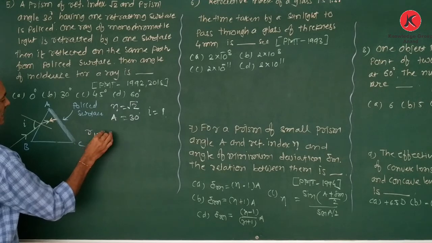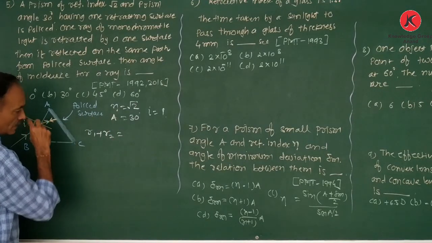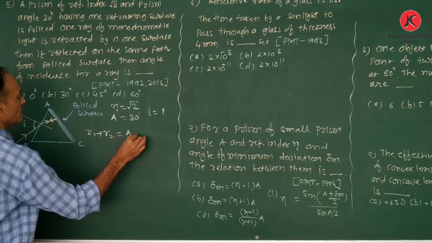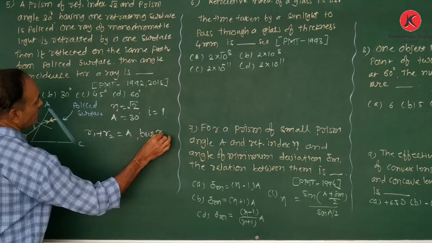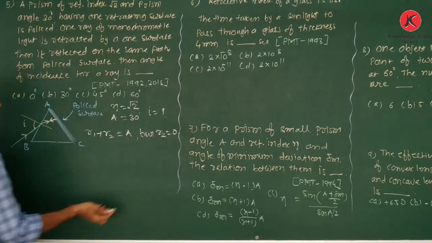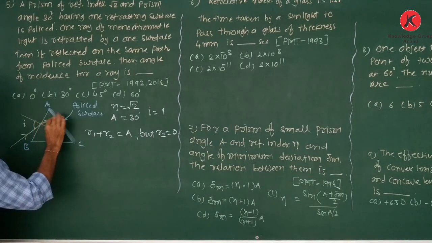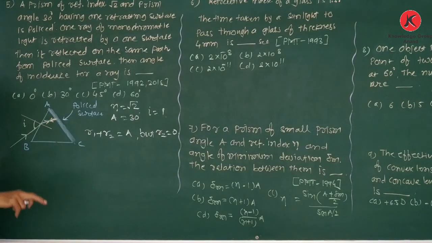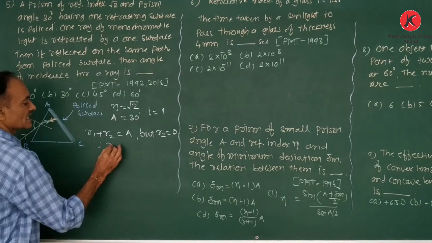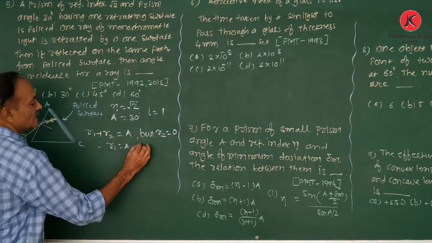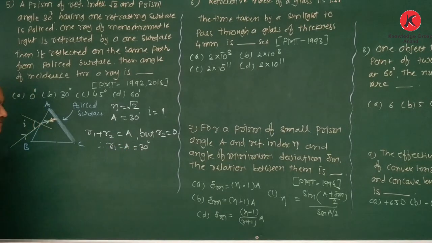Therefore, the angle of incidence here: I1 plus I2 is equal to A, but I2 is equal to 0, because the ray is incident perpendicularly on the polished surface. At that time, it is reflected back on the same path. Therefore, I2 is equal to 0. Thus, I1 is equal to A is equal to 30 degrees.